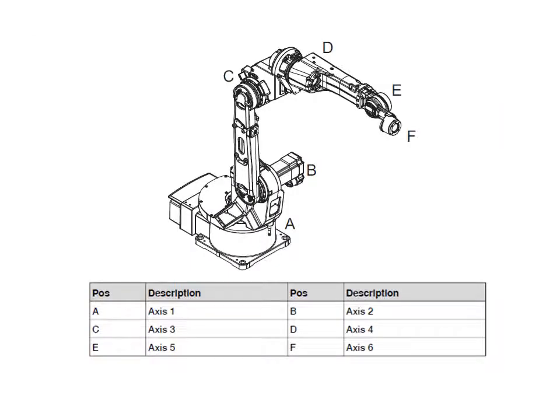Now let us try to understand with the help of this schematic diagram of a welding robot. This robot is in our lab also. I just want to explain this robot.